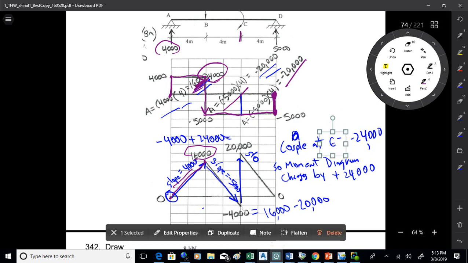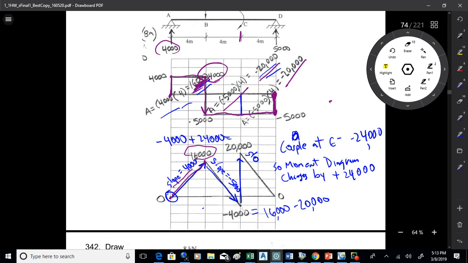The next run is going downward because we've got a negative area of 20,000. So we're going from 16,000, dropping by 20,000 to negative 4,000. Again, that's at a constant slope equal to the value of the shear, negative 5,000.